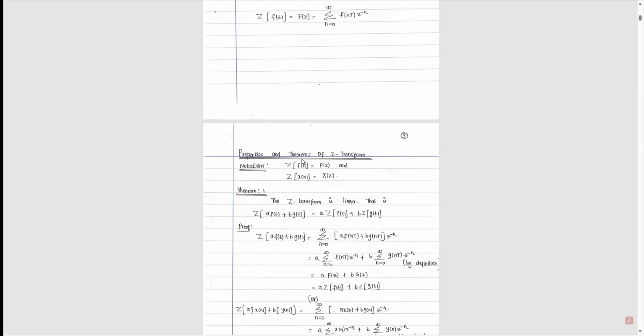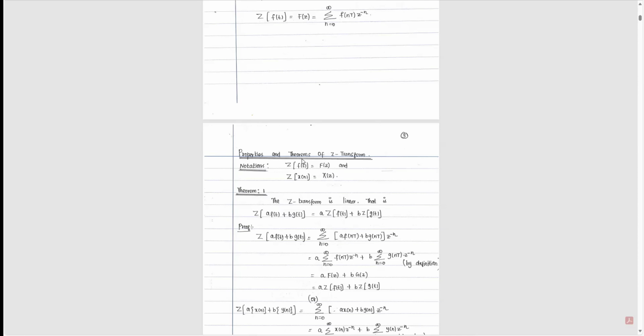Here in summation, n is equal to 0 up to infinity, f(nT) into z to the power minus n. So the meaning is that when we find the Z transform of any function or sequence, we write inside the summation the same thing, and into z to the power minus n, we will always take.